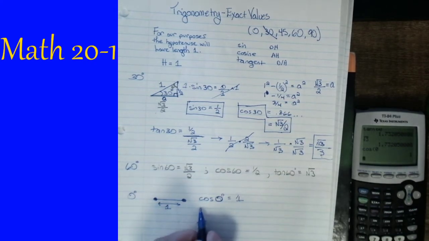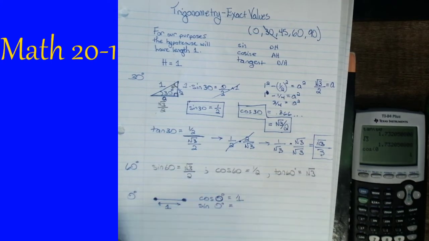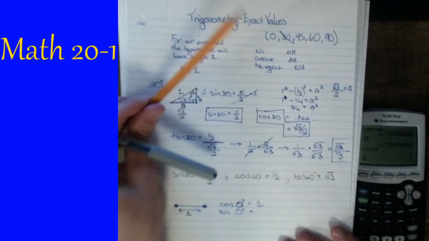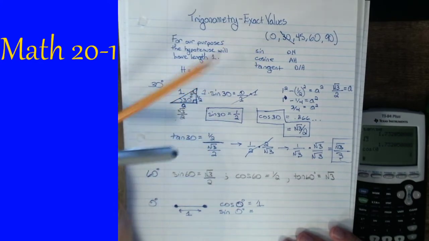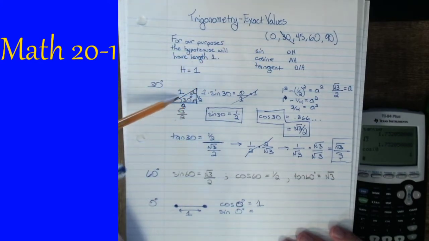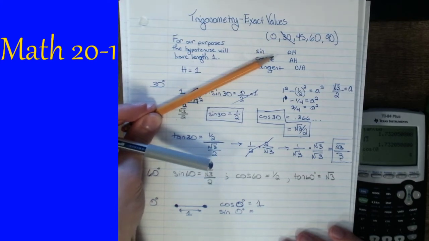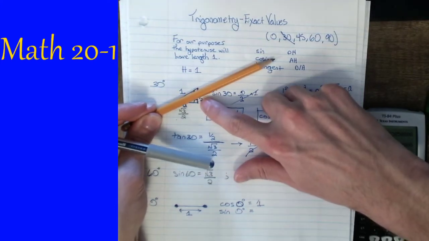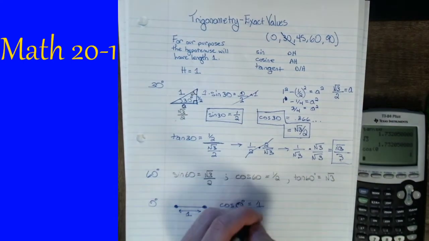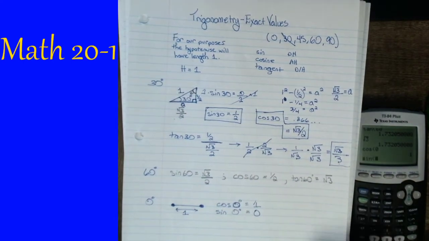Therefore, our sine of 0, you may have guessed, but we'll play the analogy again. The sine was always what was opposite to this angle here. So as that decreased, so did the length of the opposite side until the opposite side was no more. And so we have sine of 0 is 0.